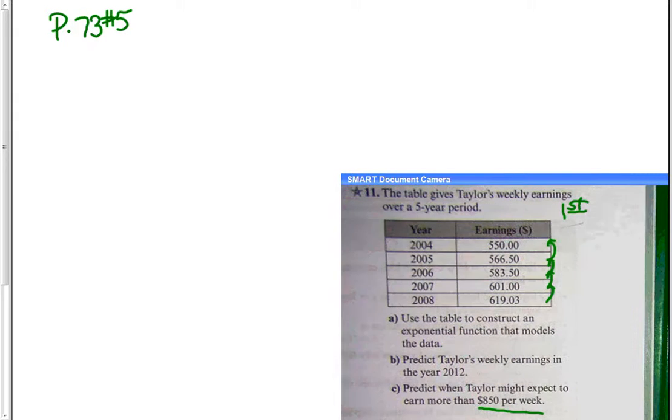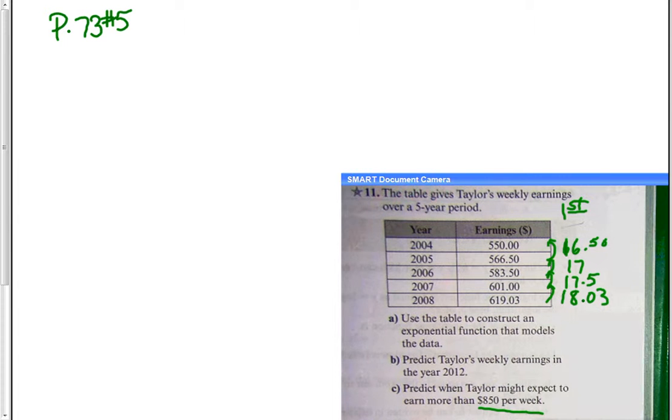The first one's nice, 6650. 8350, take away 6650 is 17.$17.5. Oh, I can't do math here. This is 16.50, 17, 17.5, 19. Take away 18.03.